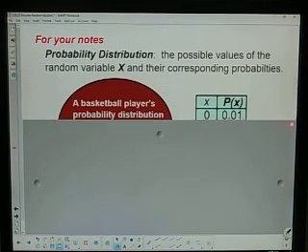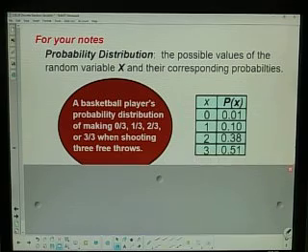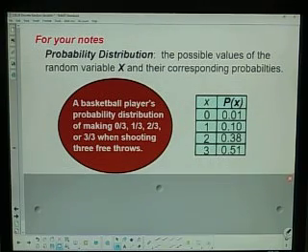All right, and here's an example that might help you make more sense out of this. If you're playing basketball, we look at a basketball player's probability distribution of making 0 out of 3 shots, 1 out of 3 shots, 2 out of 3 shots, or 3 out of 3 shots when shooting three free throws.